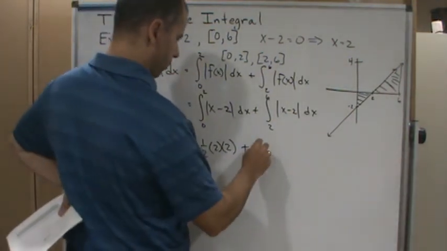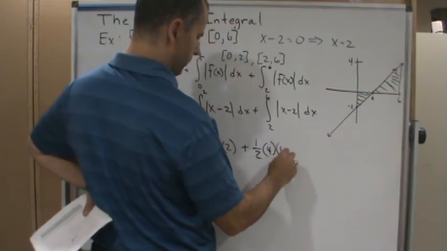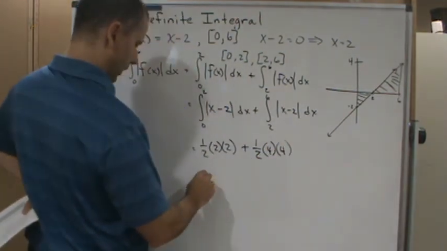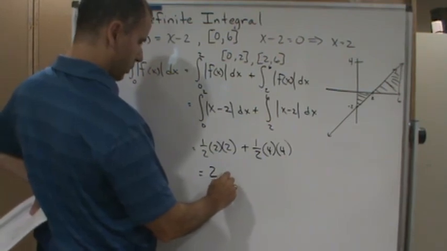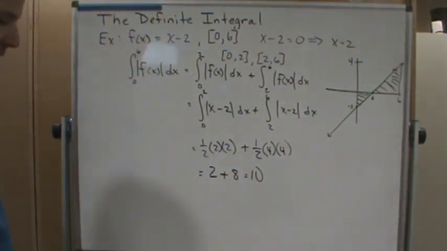So this is going to be 1/2 base times height, which is 1/2 times 4 times 4. And so this is going to be 2 plus 8, which equals 10.